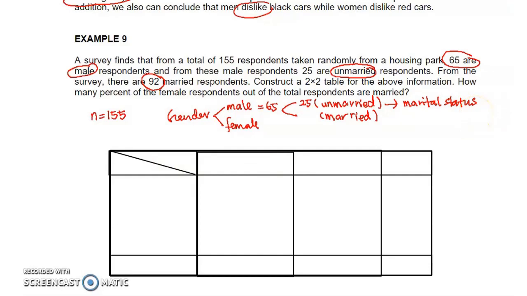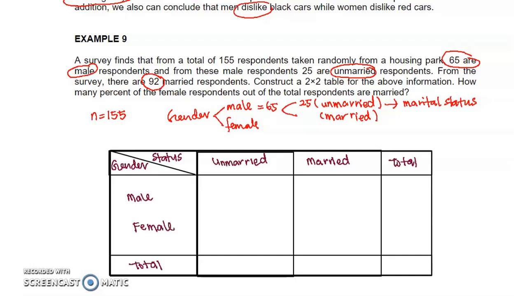Let's say here I put gender and here is marital status. For marital status we have unmarried, married. This one is for total, and this one also for total. For gender we have male, female.